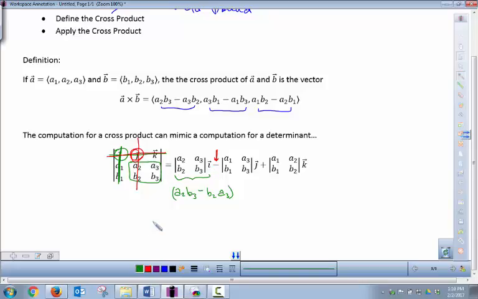And it turns out that when you're doing this determinant expansion, you're actually assigning a sign for each of those components that you're expanding.